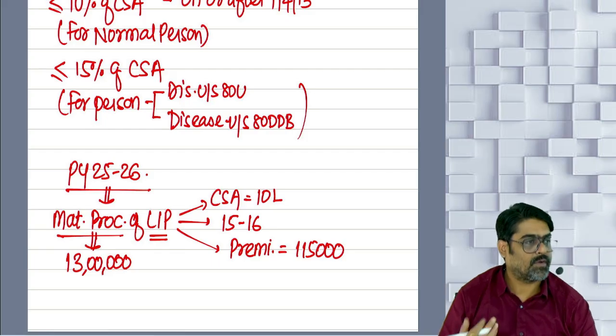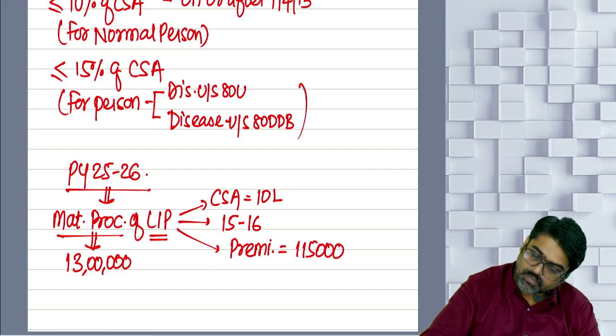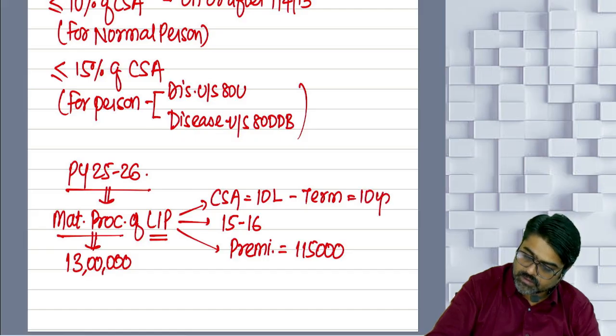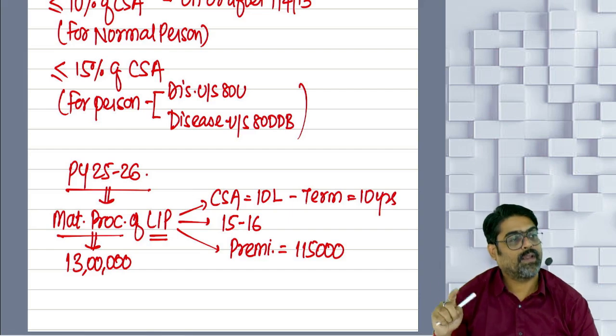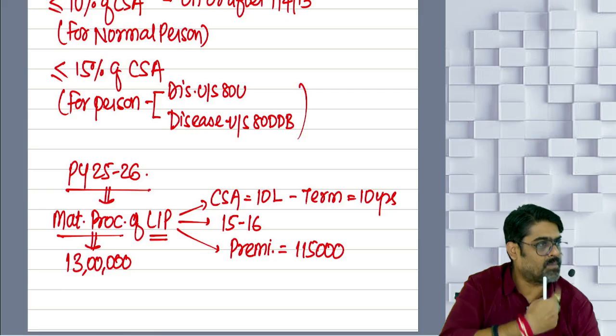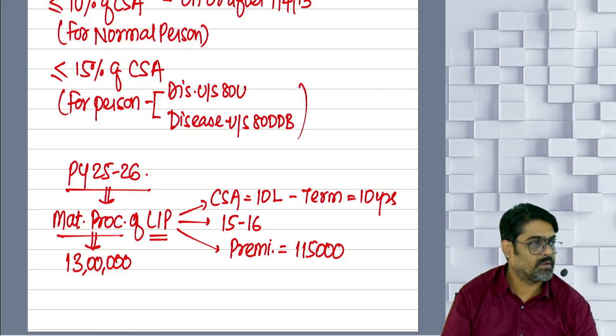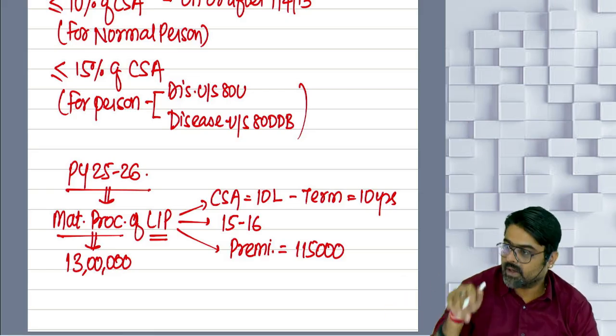The capital sum assured was 10 lakh, the term of the policy was 10 years, yes or no? And every year you have been paying 1,15,000. After 10 years, this year the policy is getting expired. Tell me yes or no? Matured. And on maturity you are getting how much?